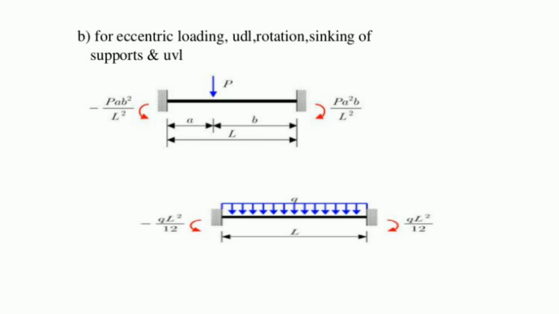The fixed end moment on the left hand side is equal to minus QL square divided by 12. If the load is W, then it is WL square by 12. On the right hand side it is the positive of the left, that is plus QL square by 12.